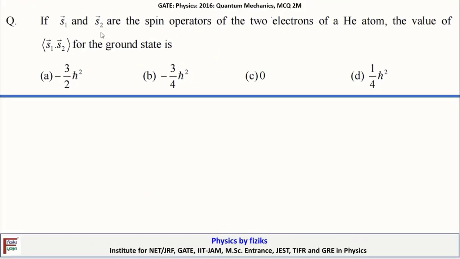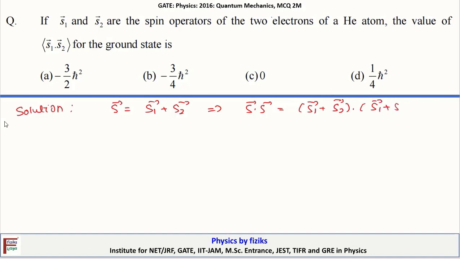If S1 and S2 are the spin operators of the two electrons of helium atom, the expectation value of S1 dot S2 for the ground state is? Solution. Spin S can be written as S1 plus S2, which implies S dot S can be written as S1 plus S2 dot S1 plus S2.